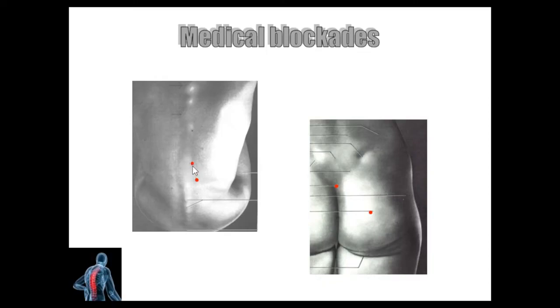You just put the needle until the bone, and usually that bone surface is the area of the facet joint. And finally, this one is the area where you can reach the nerve which came out from the intervertebral foramen and goes to the soft tissue to provide innervation to our extremities.